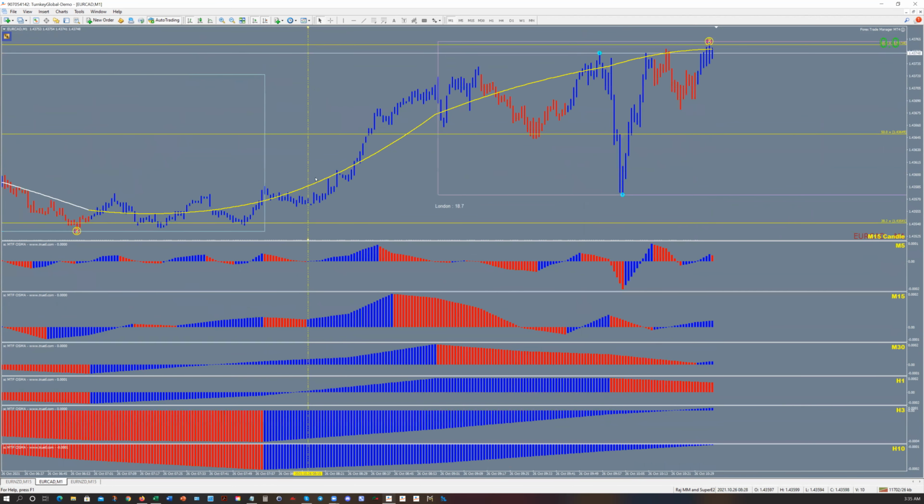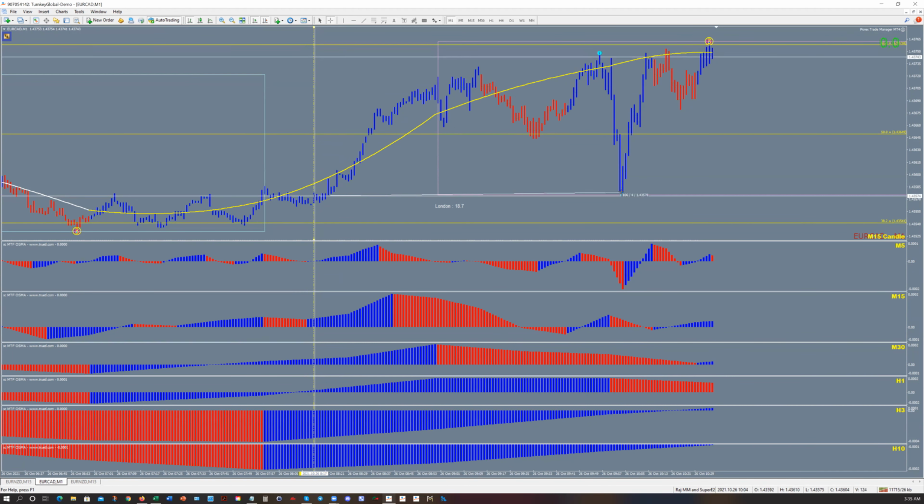You go to the 1 minute and say, where's my entry? Somewhere in here. And you'll be playing with the flipping and flopping. And if you took this trade from yellow ball to yellow ball, you were up 17 pips and came to break even, and then went up to 19 pips.